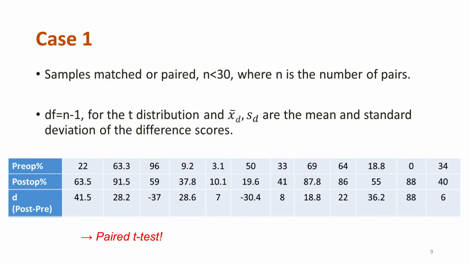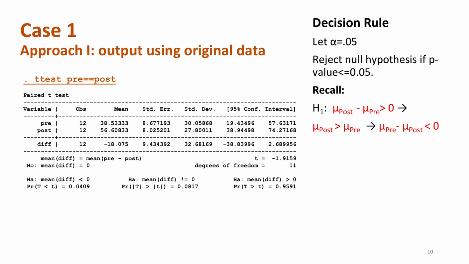And now, okay, approach 1, output using original data. We can say t-test pre equal to post, and then you have the result. This mean is pre minus post, and then as you can see, it's a paired t-test here.